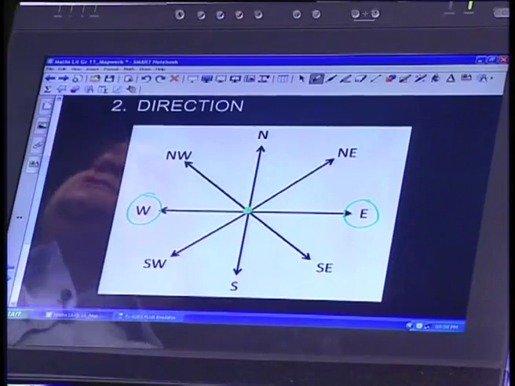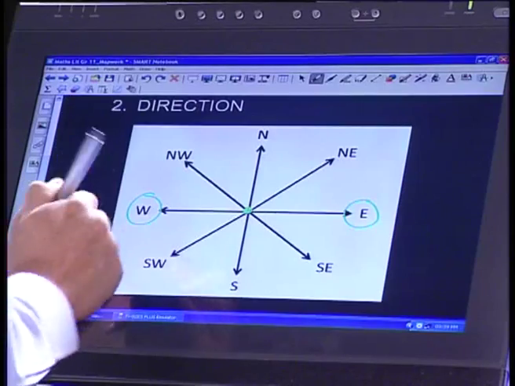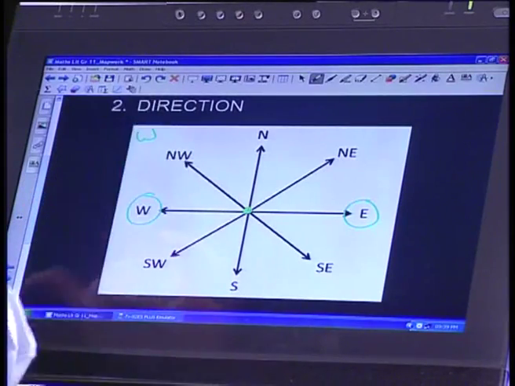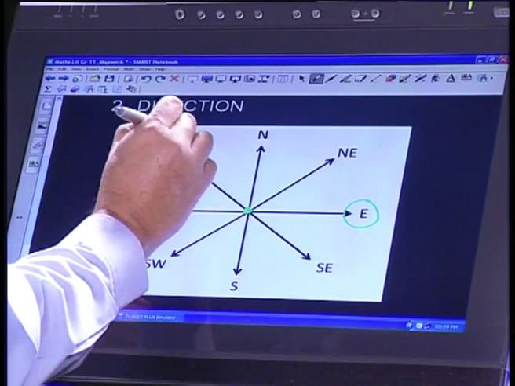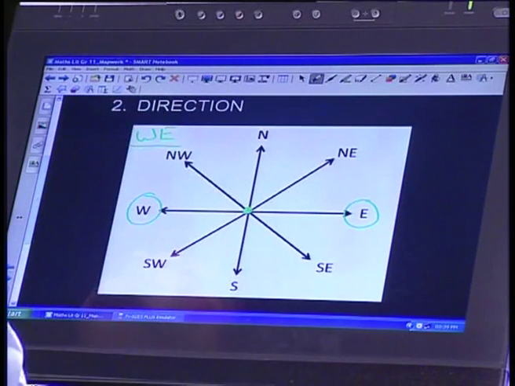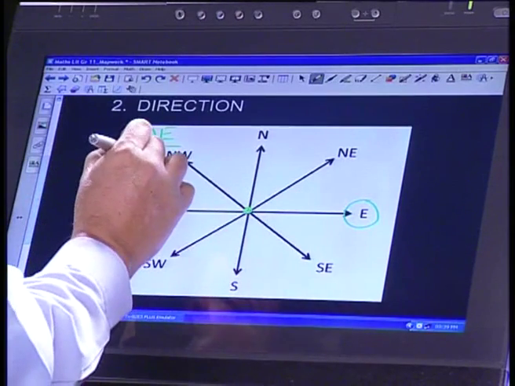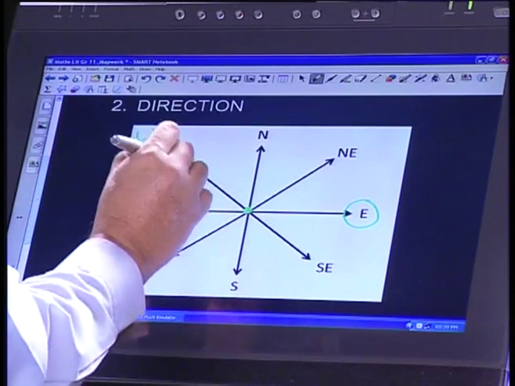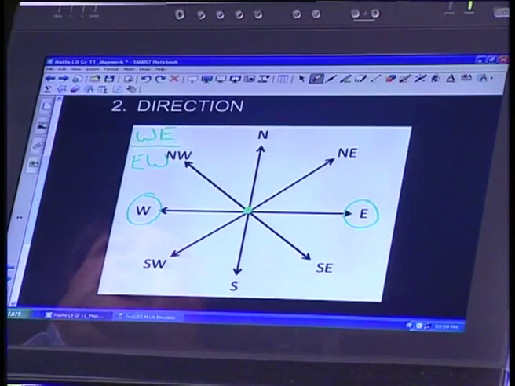Now, we normally have a lot of students who confuse west and east with east and west. Okay? So how do we remember? It's quite simple. If I put the W first, followed by the E, I spell the word we. If I put the E first, followed by the W, I get the word you.